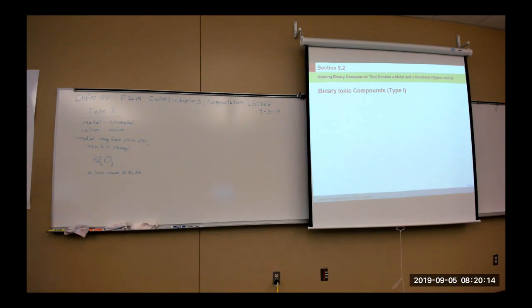Now you can form ionic compounds with carbon. We call them carbides. Where do they go? I'm sorry? So what's their charge? In that case, when they're in the carbide form with a metal, they're a negative charge. And they can be a -2 or a -4.